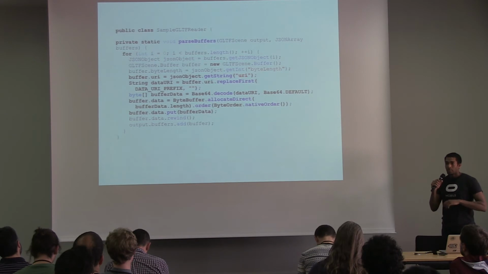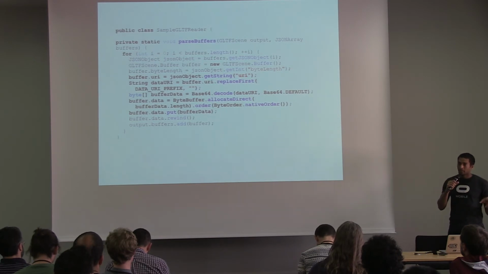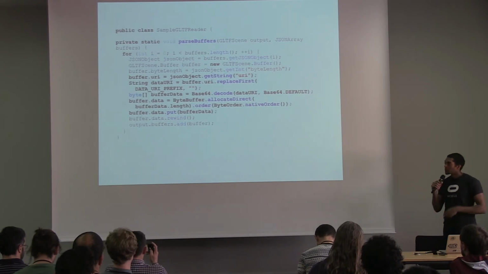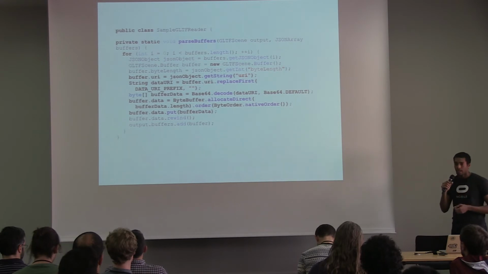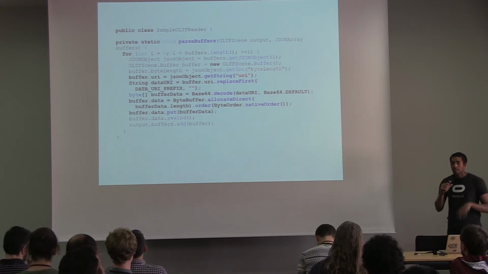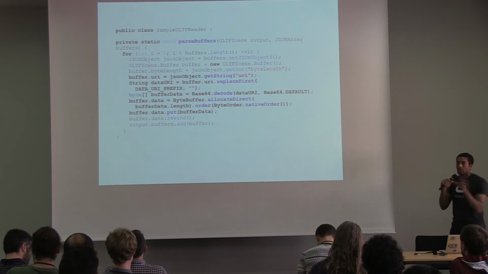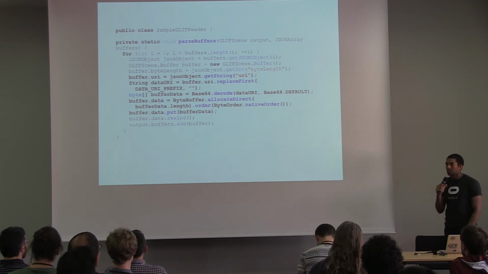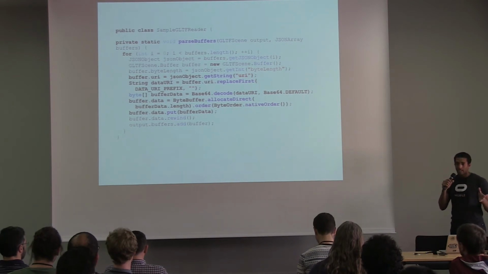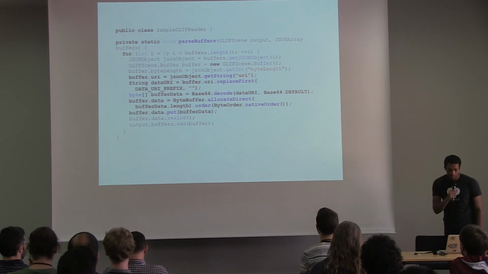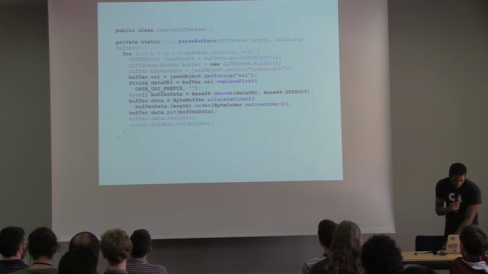So instead of making a separate byte buffer for the index buffer and then another one for the vertices, we're just going to use the same byte buffer and really look at it as a view into the buffer. So it's an abstraction on top of the buffer. You only have one buffer, you allocate one buffer, and then all you need to do is look at the offset into that buffer. So you're saving a lot of memory here during the load time. And again, all we're doing with this data is now we need to upload it to the GPU, because that's what the GPU needs to actually render the 3D scene.